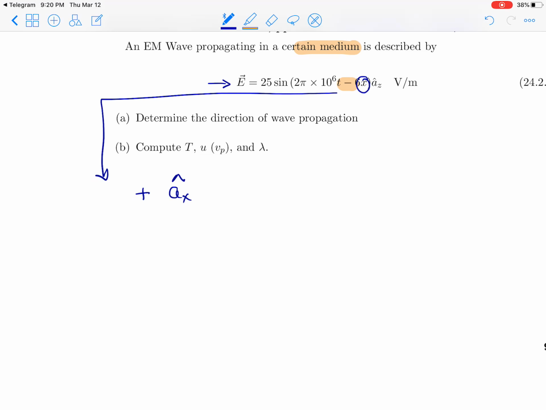Let's start by computing T. We can see from this expression that the angular frequency is 2 pi times 10 to the power 6 radian per second, and the cyclic frequency is 10 to the power 6 hertz. Therefore, from the previous class, we saw that the period is related to the cyclic frequency using this formula. Therefore, T will be 1 microsecond.